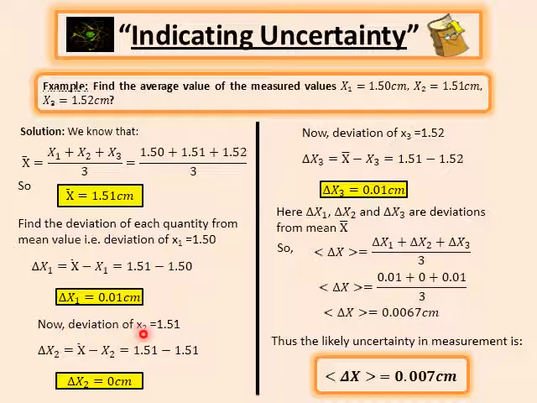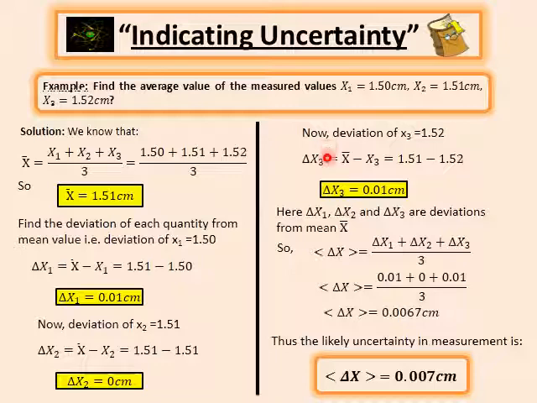Now the deviation of x2: the value of x2 is 1.51. So delta x2 is equal to mean value of x minus value of x2, means 1.51 minus 1.51. After solving this we have delta x2 is equal to 0 centimeter.